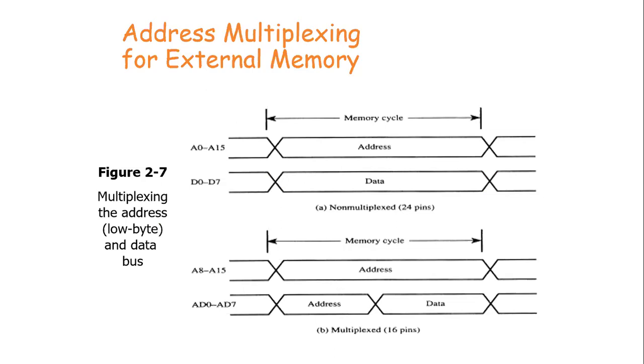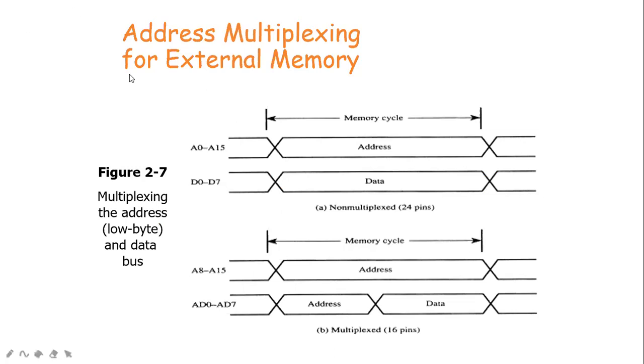Whenever the ALE pin is high, it enables the address lines. If the ALE pin is 0, it accesses the data lines. That is multiplexing the lower order address and data bus.